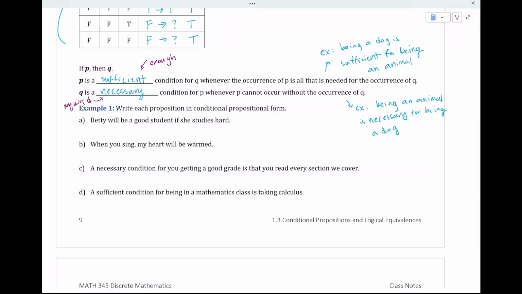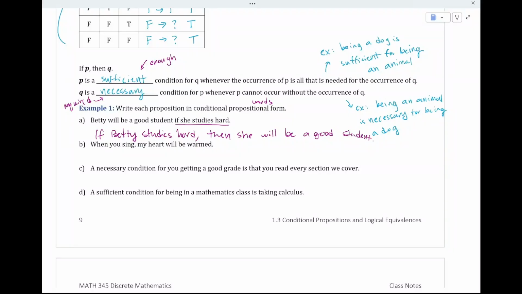Let's look at example 1. Write each proposition in conditional propositional form. So we're going to use words here, not symbols. Betty will be a good student if she studies hard. Here is the if portion. So if she, which is Betty, studies hard, comma, then she will be a good student.